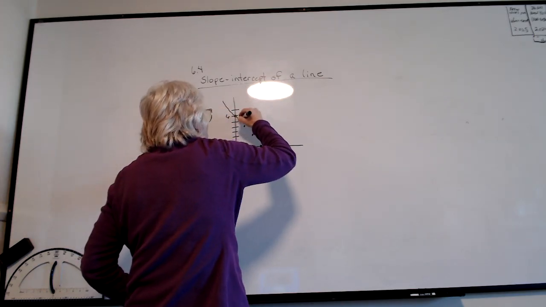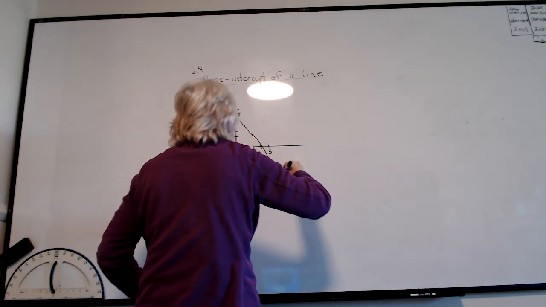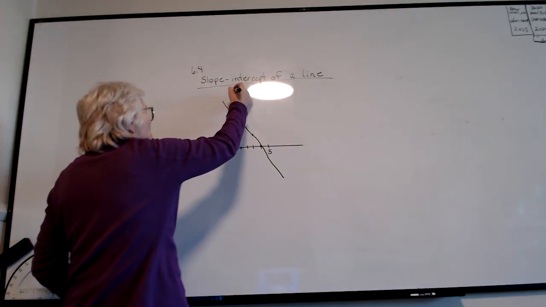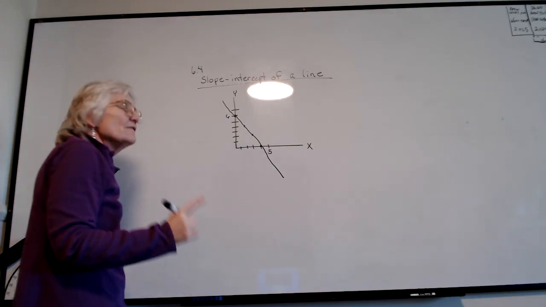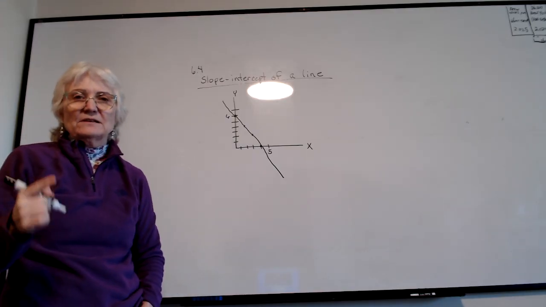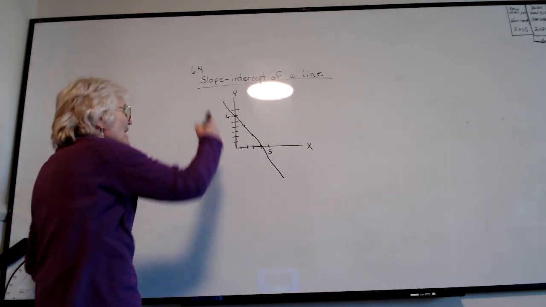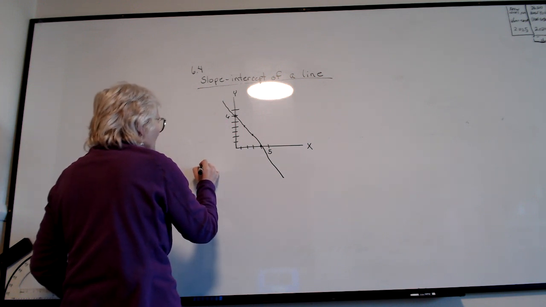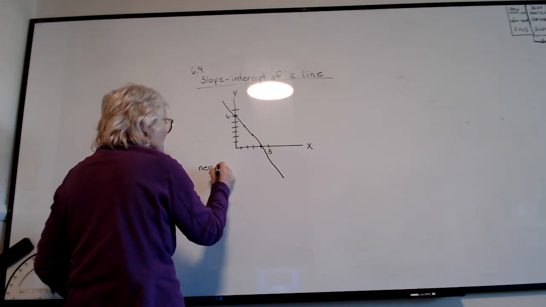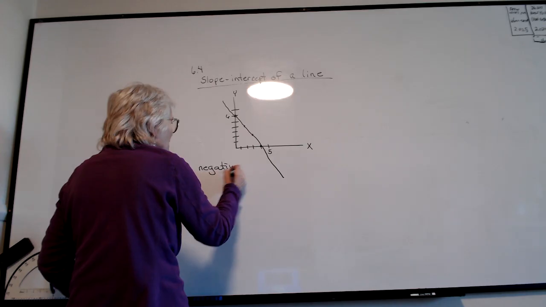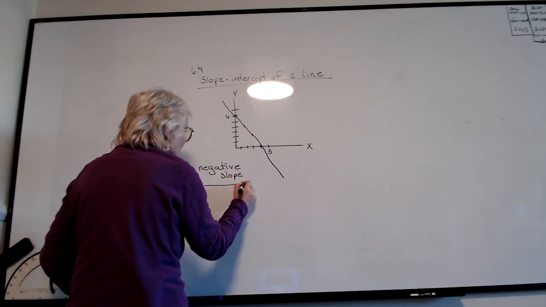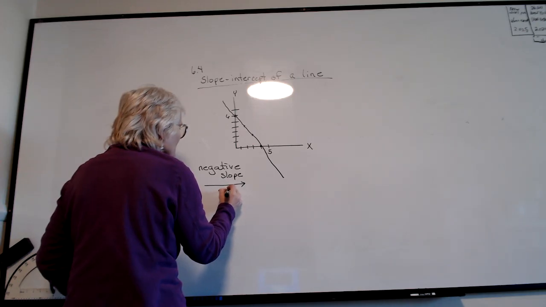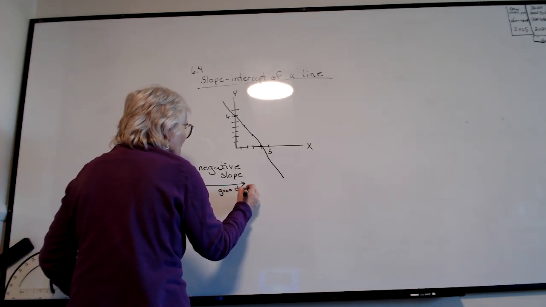So this is my graph. This is my y-axis, this is my x-axis. The first thing I notice on this graph is that it's going down. This is going to be a negative slope because from left to right it goes down.